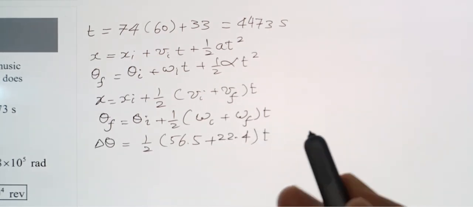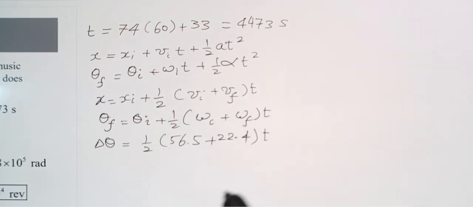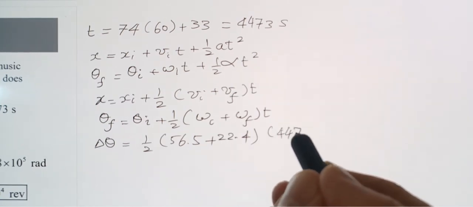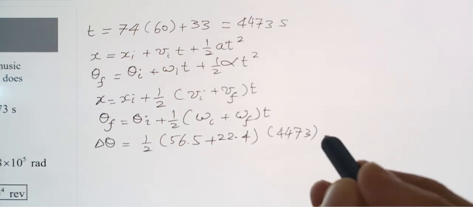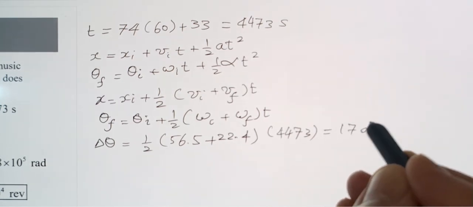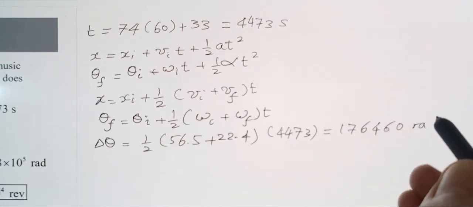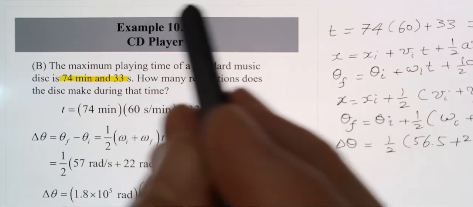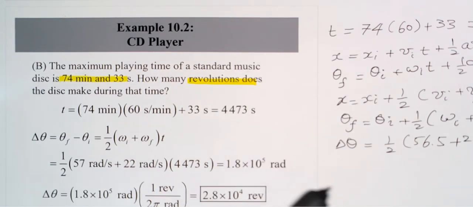Multiply by the time. What is the time? The total time is 4473.3, which is 176460 radians. Now he asked us to do it in how many revolutions?